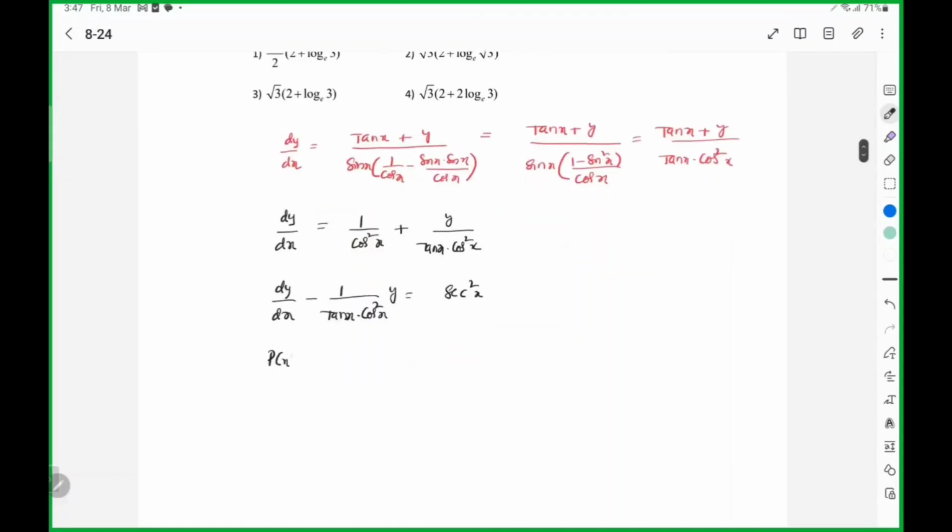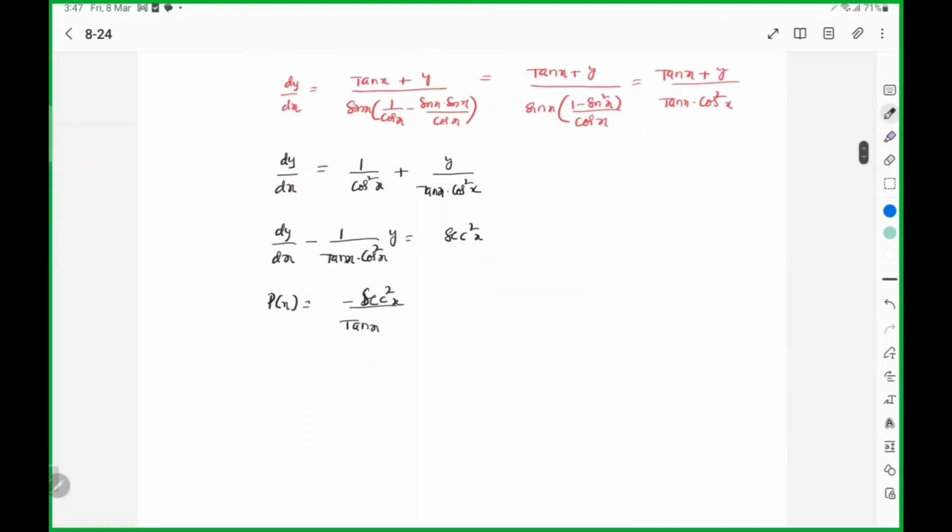P of x here is minus tan x, 1 by cos square is secant square x. Integral p dx is, if you take tan x as t, it is minus log t.